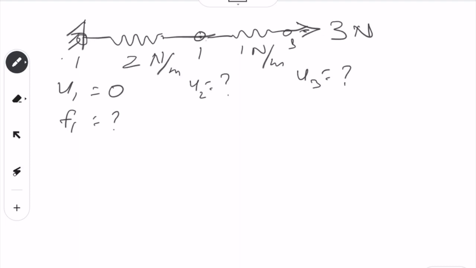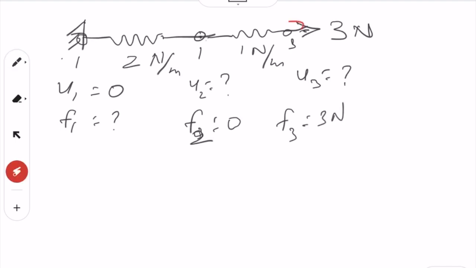Here u1 is given, so you cannot give f1, you have to find it out. Now f2 equal to 0, because you have not applied any force here, and f3 equal to 3 Newton, because you have applied 3 Newton here.